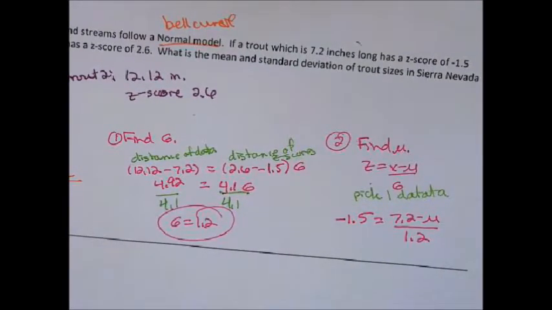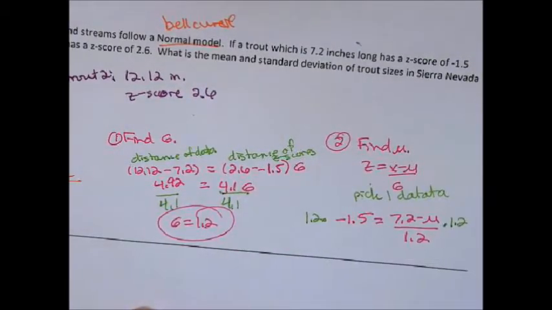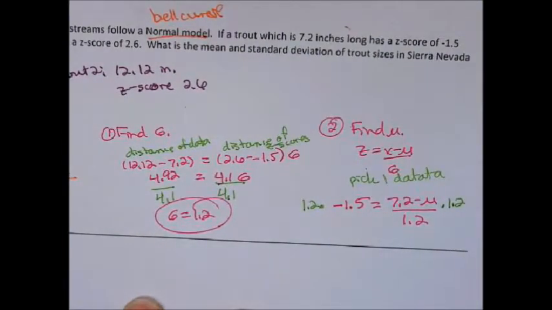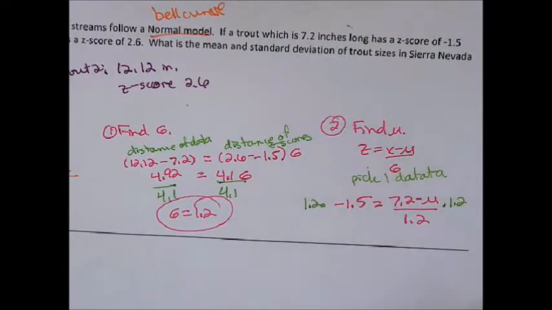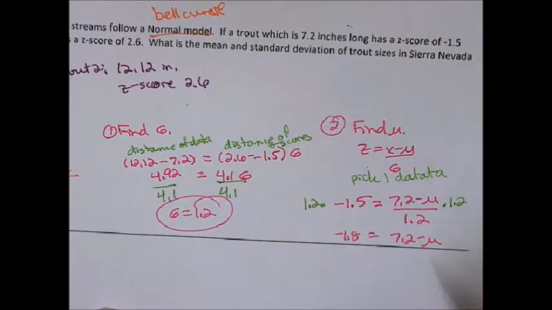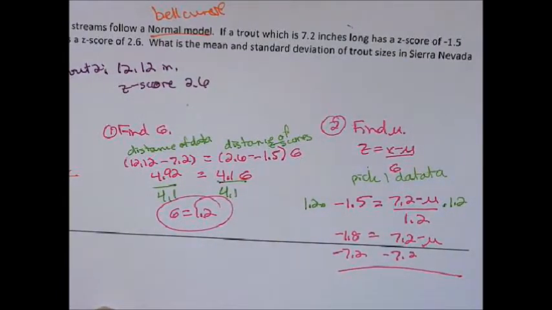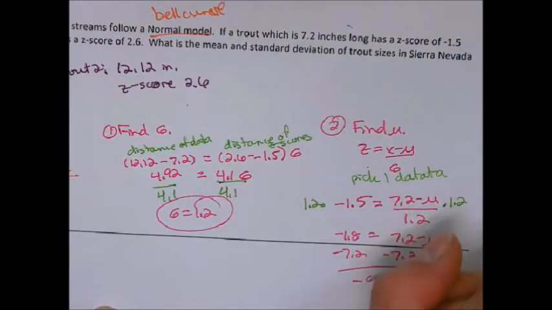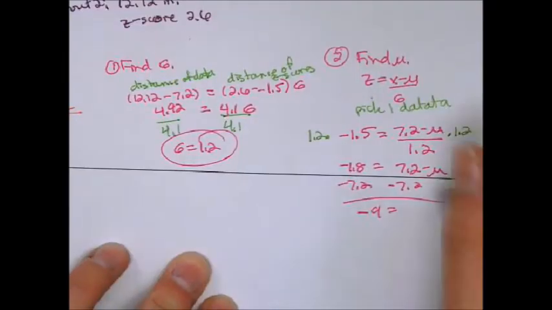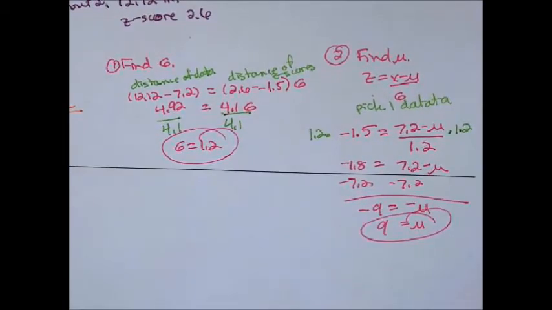So we times by 1.2. I get negative 1.8 equals 7.2 minus mu. Minus 7.2, negative 9 equals negative mu, so mu equals 9. So my mean is 9.